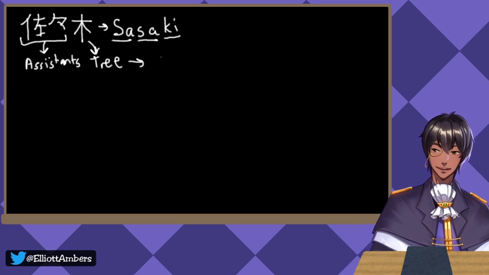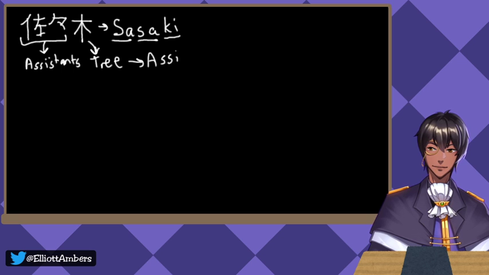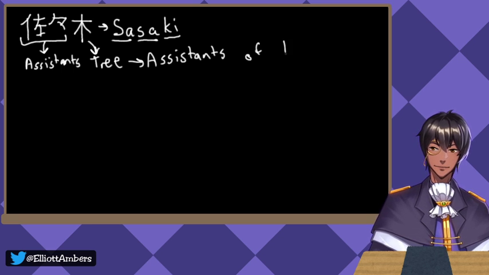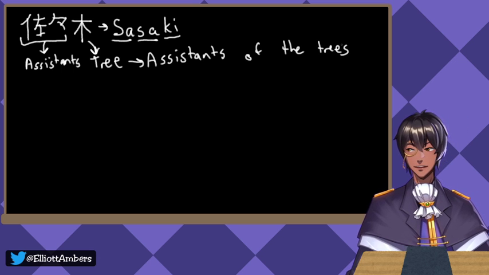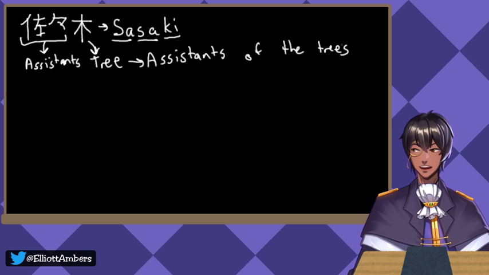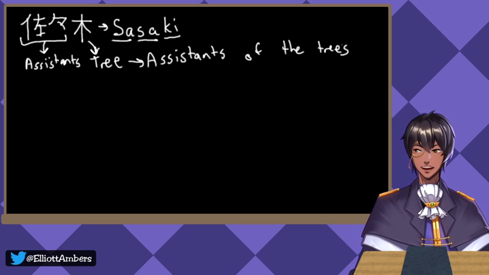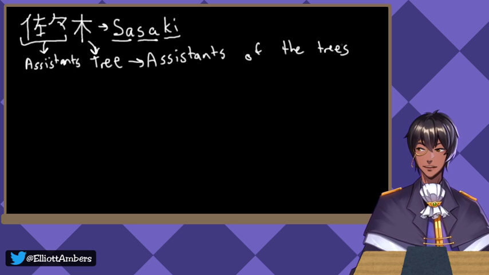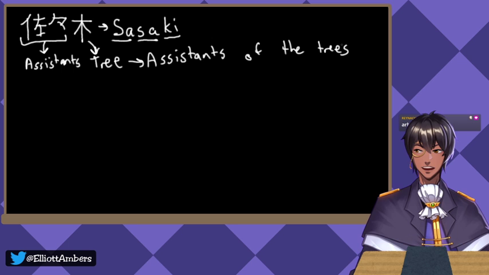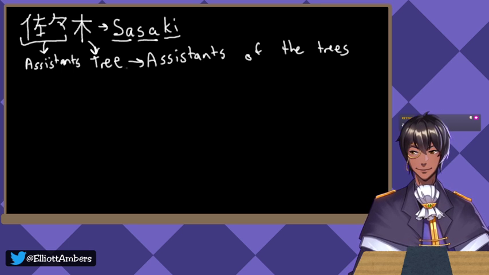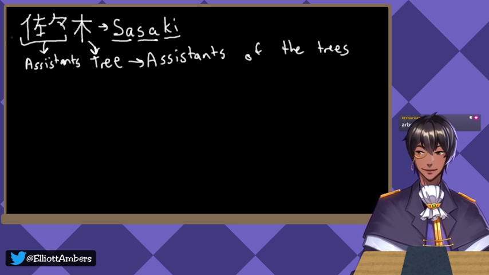So it can mean assistants of the trees. Sasaki. So I assume that a name like this is meant for people that probably lived in the forest and took care of the forestry. People who took care of maybe the wildlife there. Arborists, maybe? And also this is number 13.